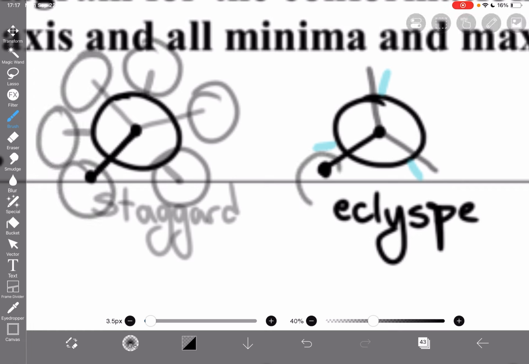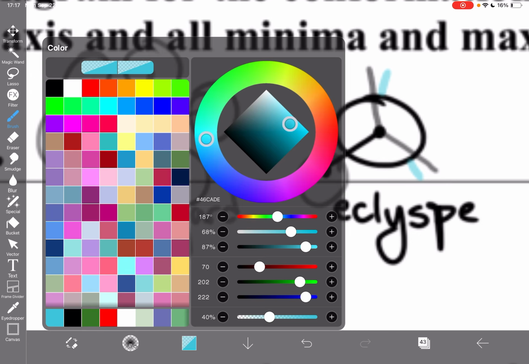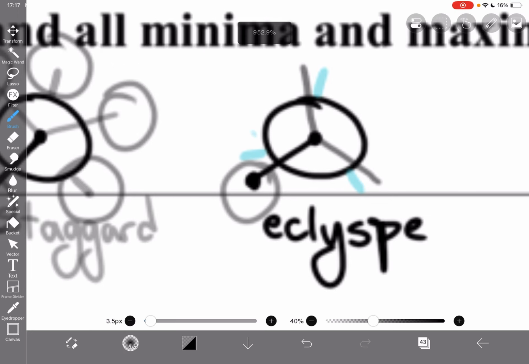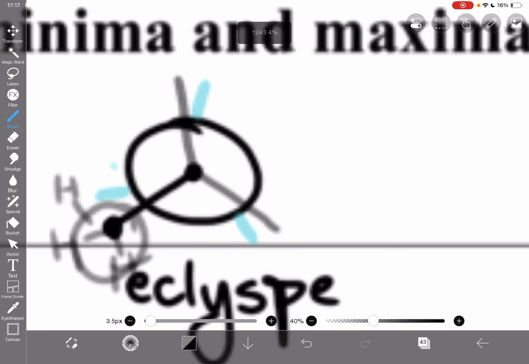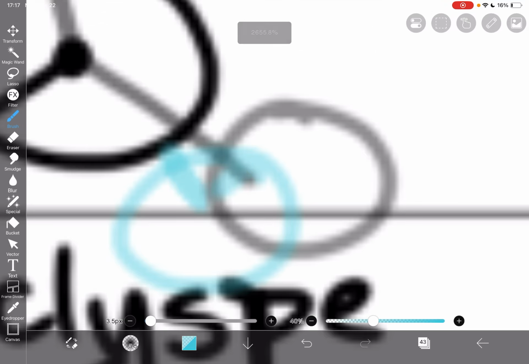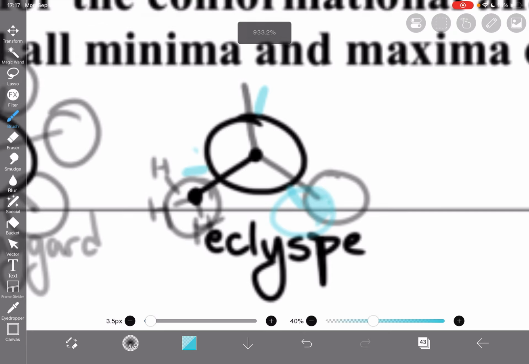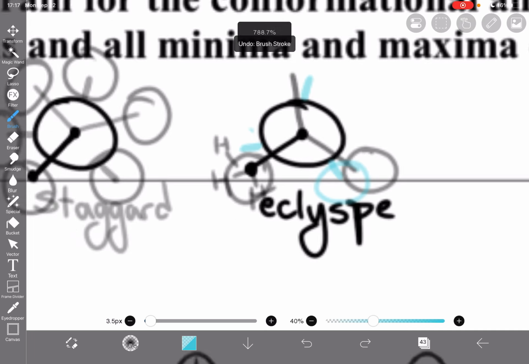Whereas in our eclipsed, I shouldn't have drawn over the carbon like that because carbon has its own hydrogens. If we look at the eclipsed, we have our hydrogen mass here, and then, whoa, hydrogen mass there. Do you see this overlap here? Yeah, we don't want that, guys.